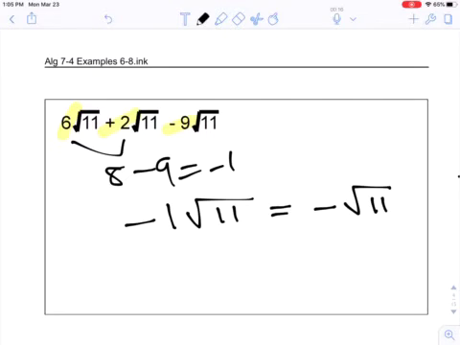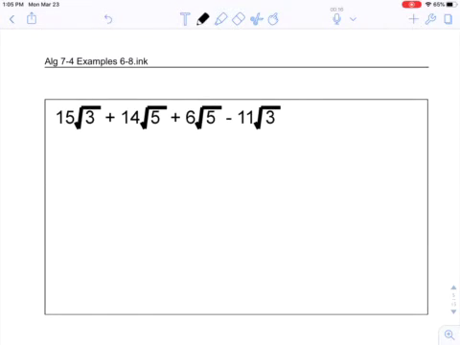All right, last example here. Okay, pause the video and come back to see what I did with it. All right, so this one here, we've got 3s and then we've got 5s under our radicands. So we're going to combine our 3s together, and we're going to combine our 5s together.